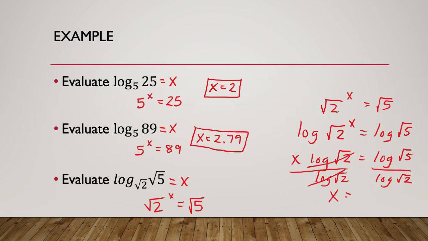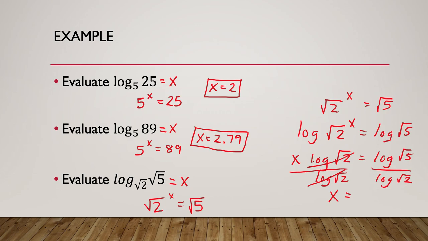Then we use our calculator. So again, you're going to type in log, and you're going to do the square root of 2. Make sure you close your parenthesis when you finish the square root of 2. Then you're going to divide, well, actually the square root of 5, sorry.